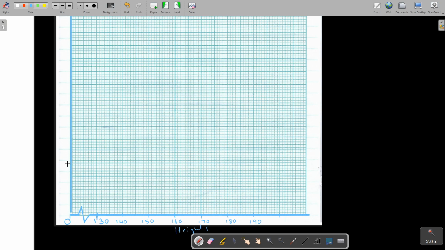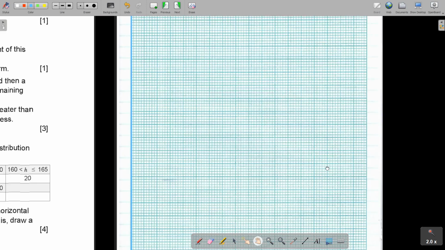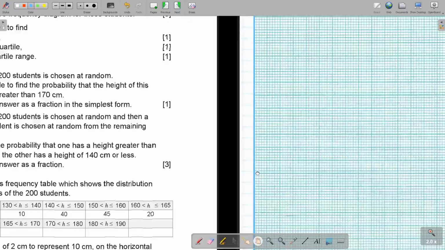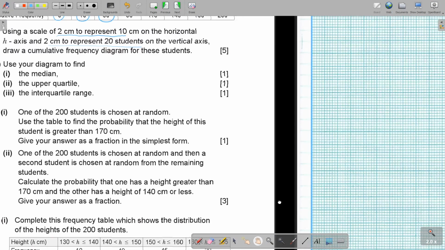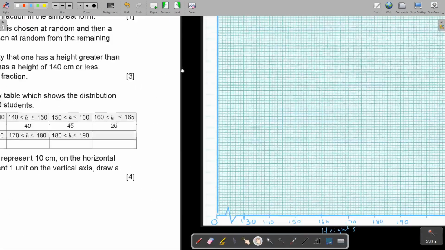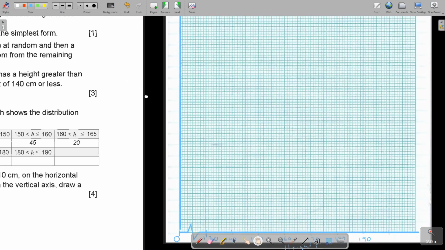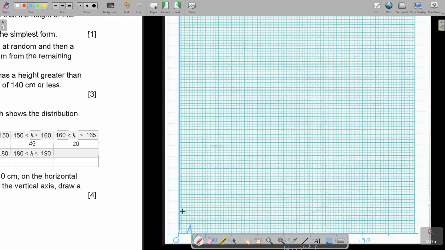Okay, and then this one, they are saying every 2 centimeter represent, can I just check again, then come back, 20, it starts at 0. So every 2 centimeter, and I prefer again to first mark it.